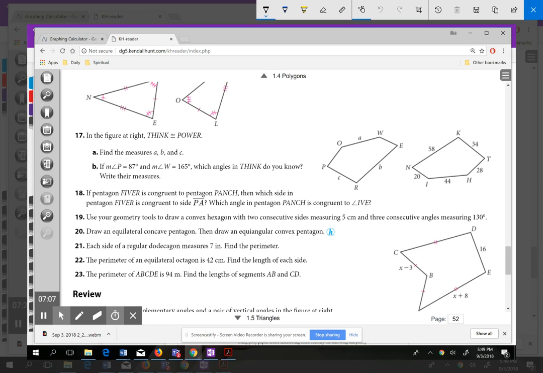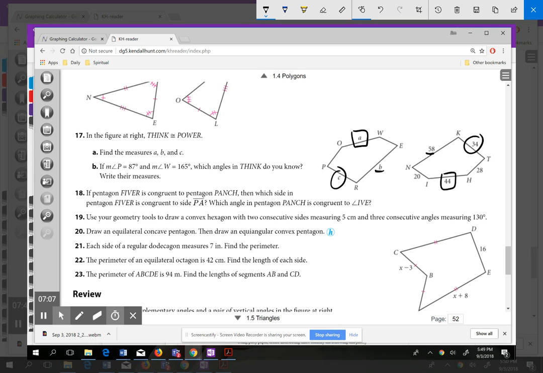You could do it a couple ways. I think for me, I would do it visually. And just imagine this polygon, just rotate it this direction. And when you do, this C lands on top of that 34. And then this A lands on top of that 44. And this B lands on the 58.